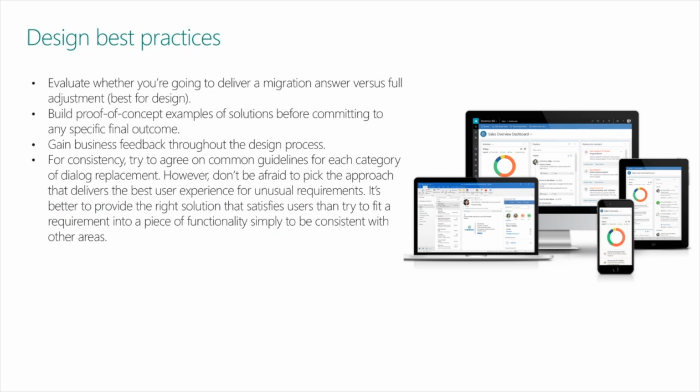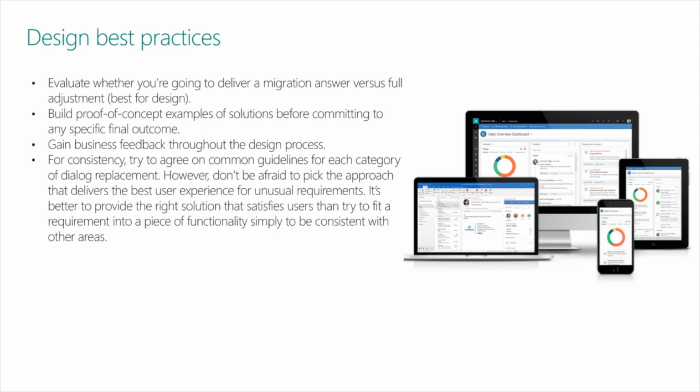Do you really just need a migration answer, a one-to-one replacement approach, or could you potentially have a full adjustment to your business process? Again, build a POC, a proof of concept example, for the solution before committing to any specific final outcome. Gain business feedback throughout the design process.